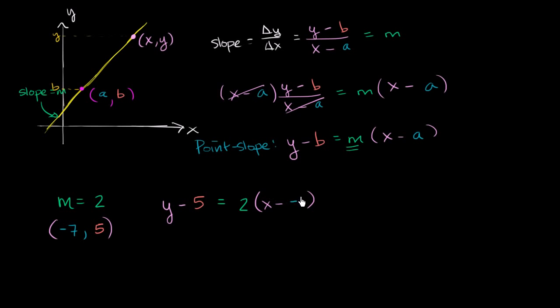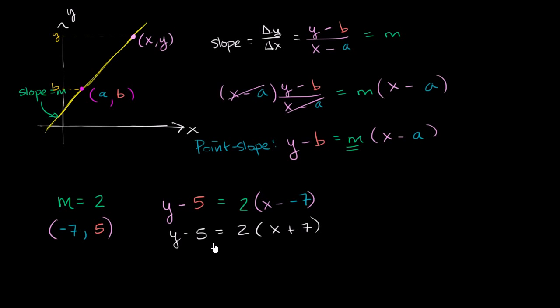So x minus negative 7. And just like that, we have written an equation that has a slope of 2 and that contains this point. And if we don't like the x minus negative 7, we could obviously rewrite that as x plus 7. But this is kind of the purest point-slope form. If you want to simplify it a little bit, you could write it as y minus 5 is equal to 2 times x plus 7.